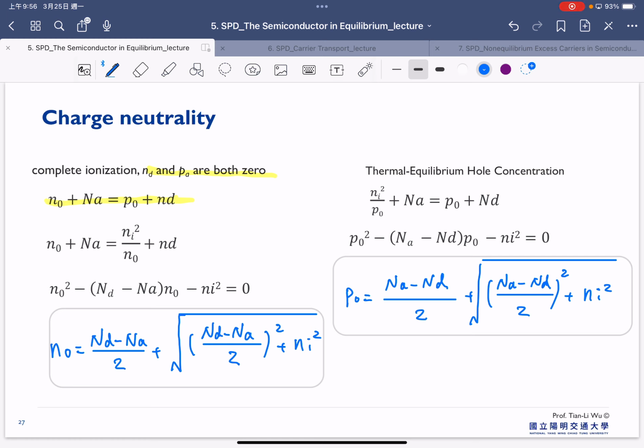So finally, we have the equations that allow us to calculate p0 and then n0.